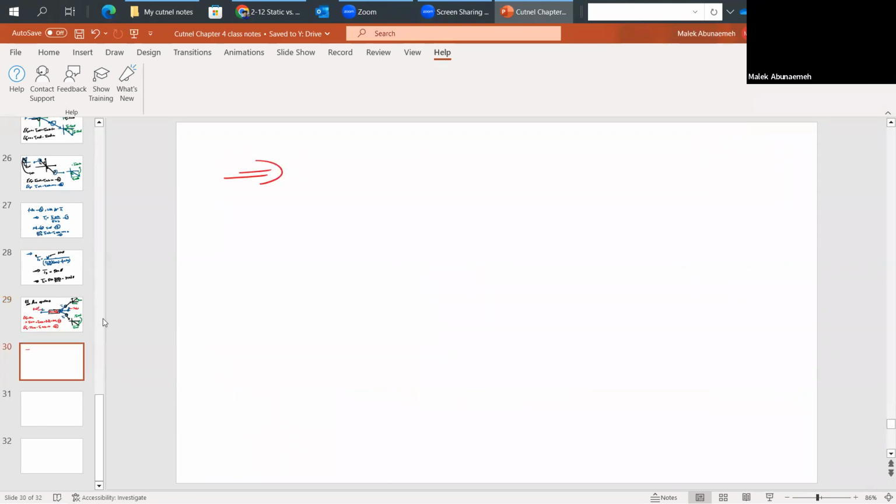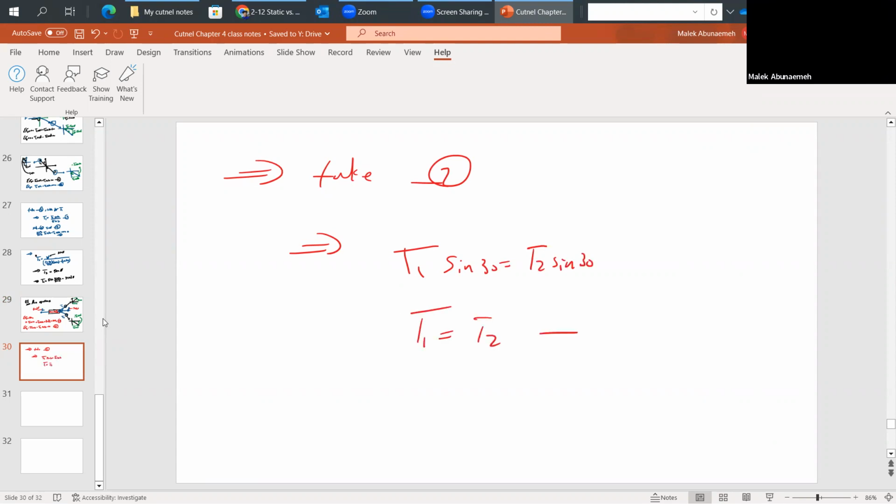Which means take equation number 2. You're going to have T1 sine 30 equals T2 sine 30. That means your T1 is going to equal T2, and this is equation number 3. And we're going to call that T. So both tensions are going to be the same, so we're just going to give them one name, tension.